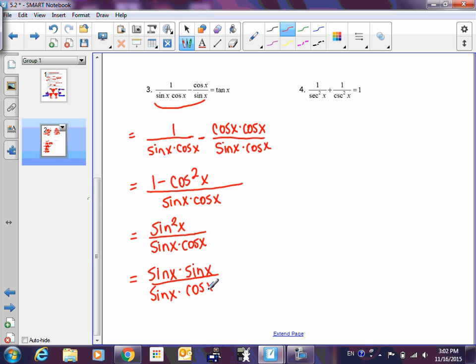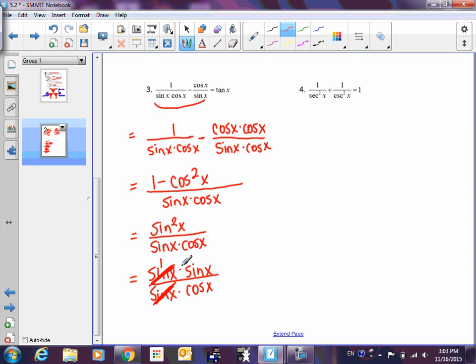Don't be thinking, what's the least amount I can do to get full credit here? That's just not a good strategy. Just show your steps and you'll be fine. Okay, now, do you see anything that's going to simplify? This sine x and this sine x, when I divide them, I get a 1.